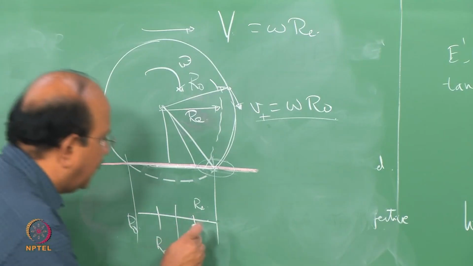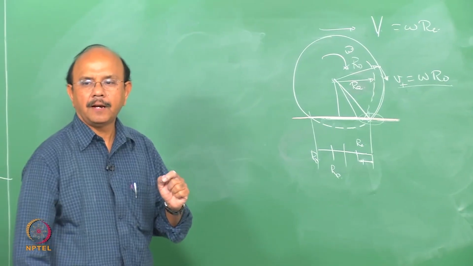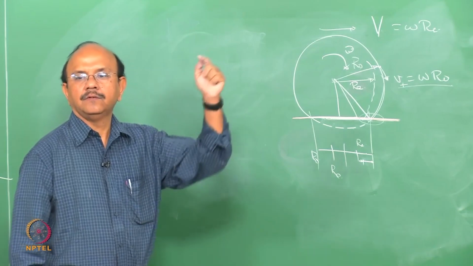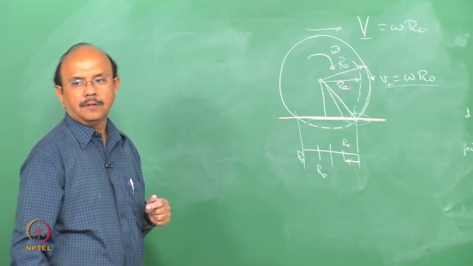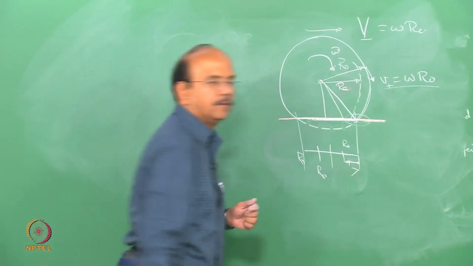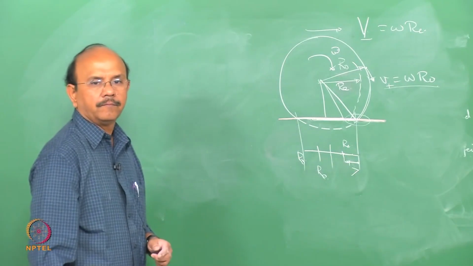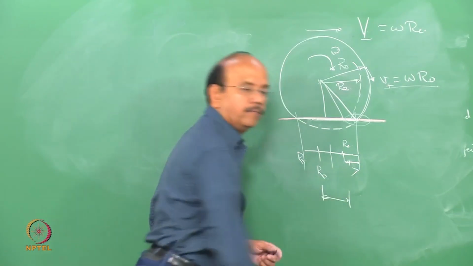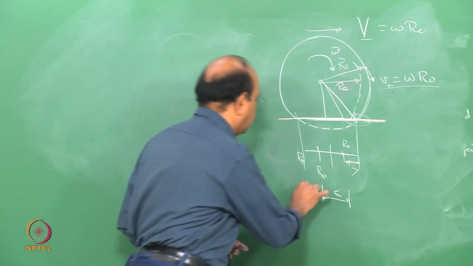So, in other words, here is a region where the tangential velocities are more than the velocity of travel V. We call that more. Here exactly the same. From here to here, it is less. Here to here, it is more.